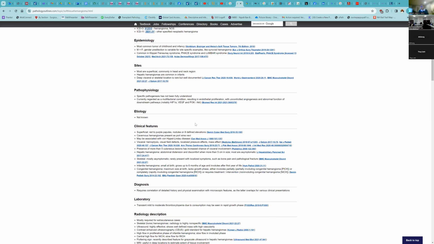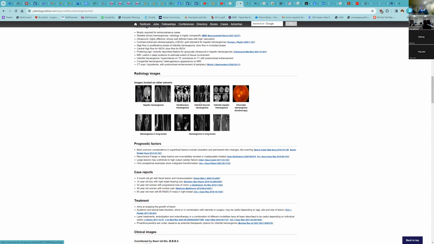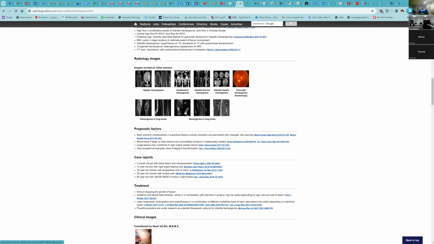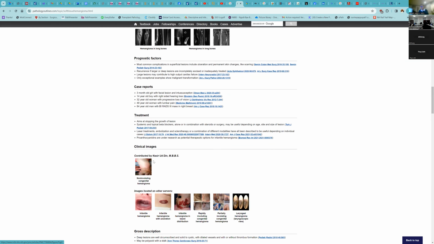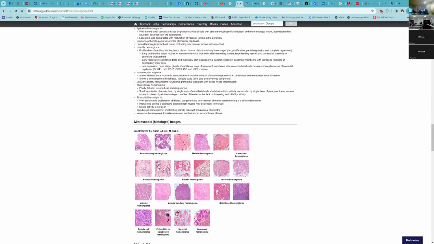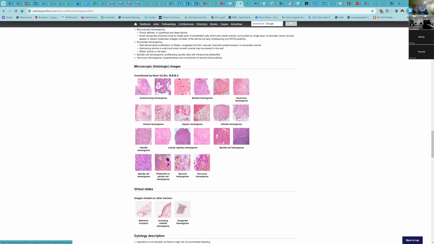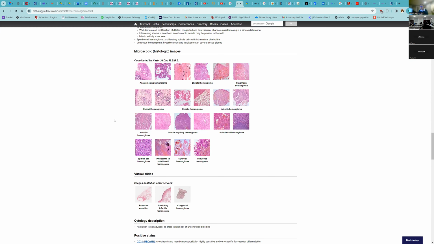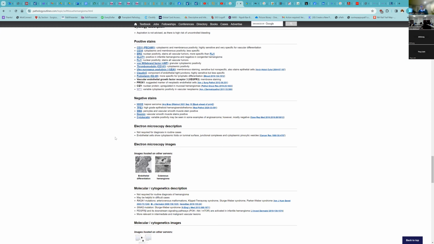And then it will also usually have clinical radiographic images, gross photos, and ideally some microscopic images and some virtual slides. So you get a whole rich array of information from Pathology Outlines that can help you in remembering the differential considerations, as well as staining results and molecular cytogenetic issues that may be pertinent to that tumor.